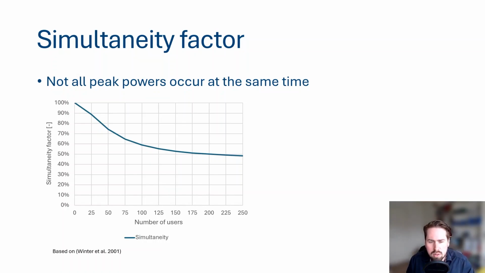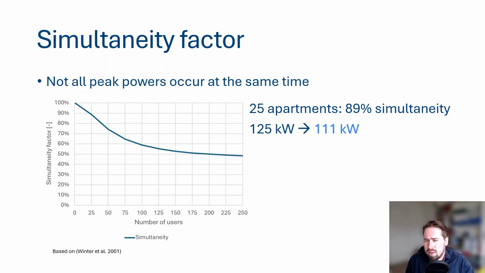So for example, if we have 100 units connected to a system, we know that only 60% of the total installed power will occur at the same time. In our case, where we said we have 25 apartments, we see that we have 89% of simultaneity, which means that a geothermal bore field will only experience a peak power of 111 kilowatts.